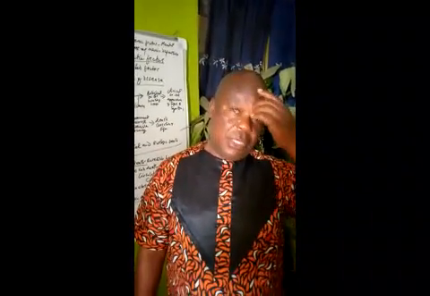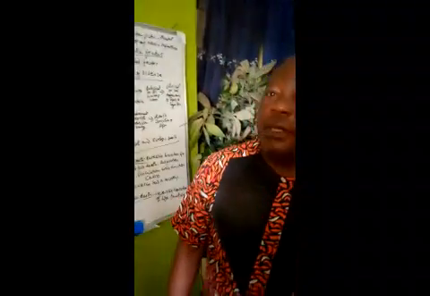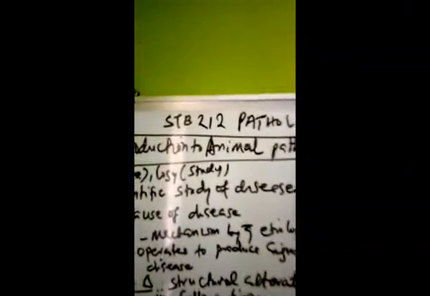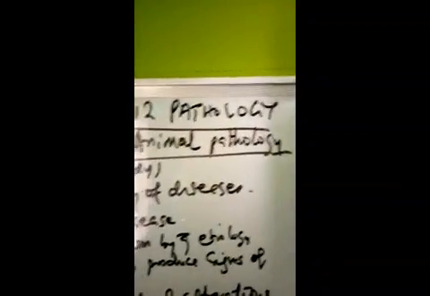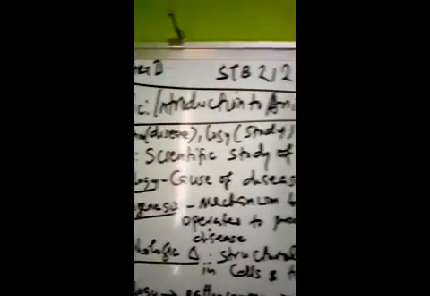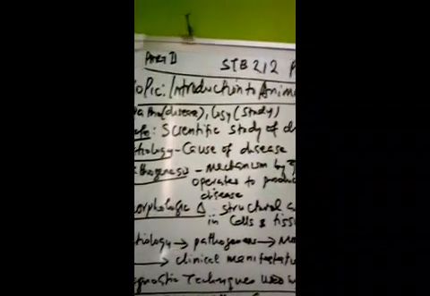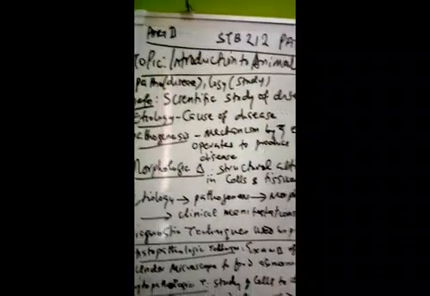Today, we are going to discuss the course Pathology, STB 212, and we are going to look at the topic Introduction to Animal Pathology. Remember, I've discussed briefly on aspects of pathology that has to do with plants. Today, we are going to look at animal pathology.